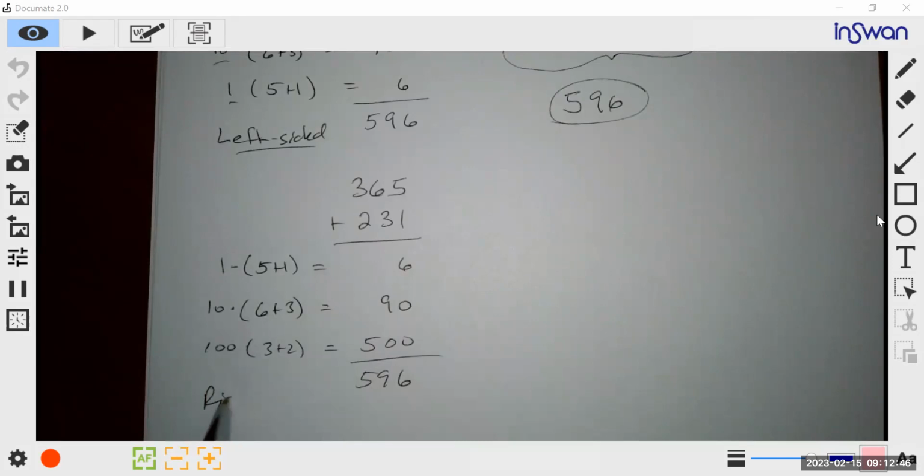So this is the right hand. Right-sided. Okay, we have enough.